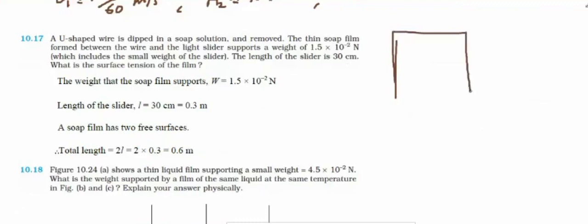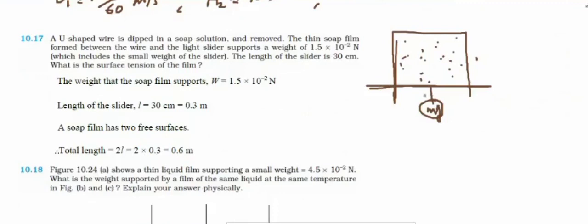So we can have an arrangement of wires like this. Then the slider is in this way. So when you dip it in soap solution, a soap film is formed here. And here, this is the slider which can support a weight of 1.5 into 10 power minus 2 Newton.